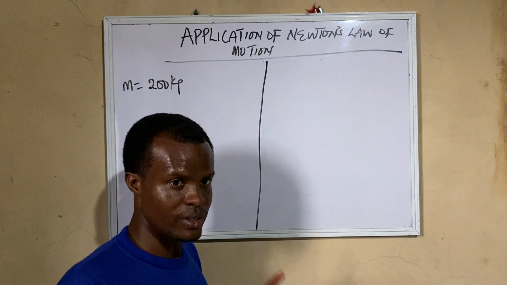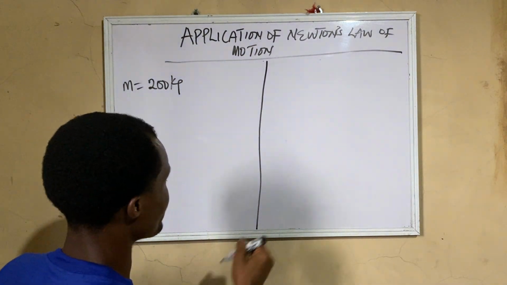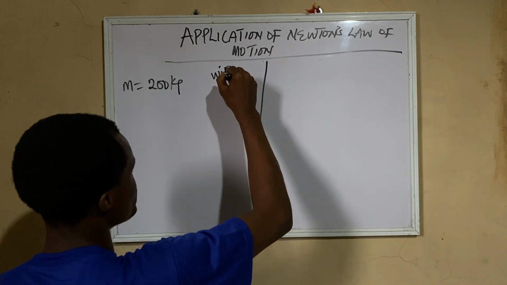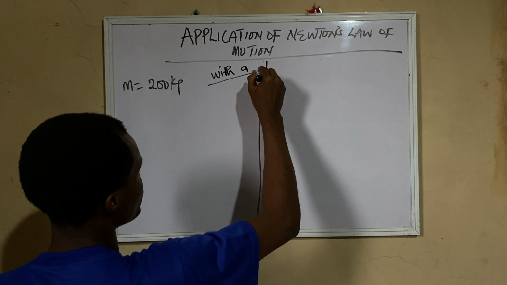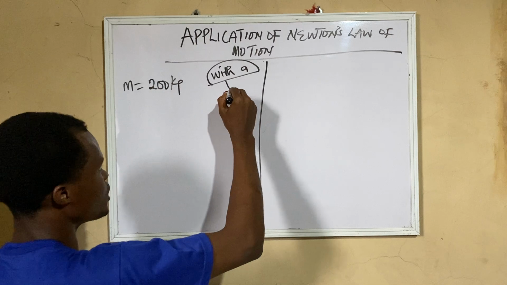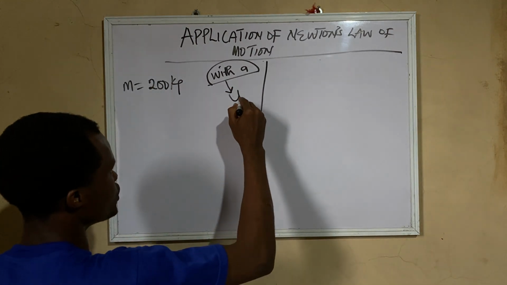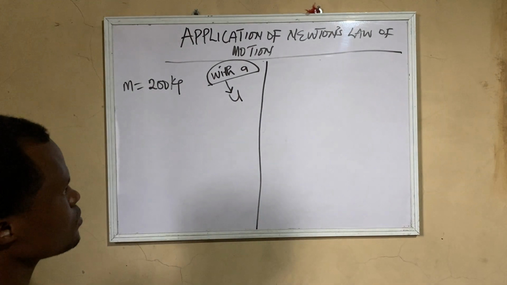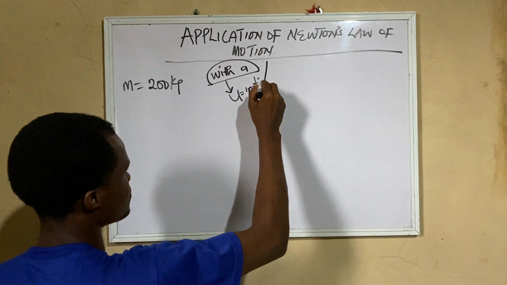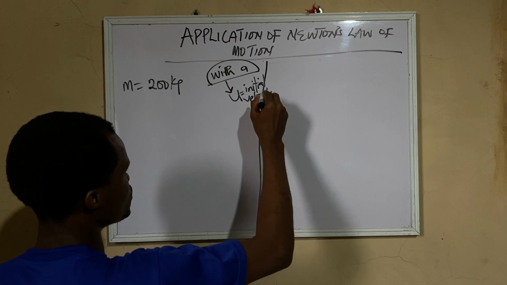In physics generally, anywhere you see the words "with a speed", most times it relates to initial velocity, which is u.